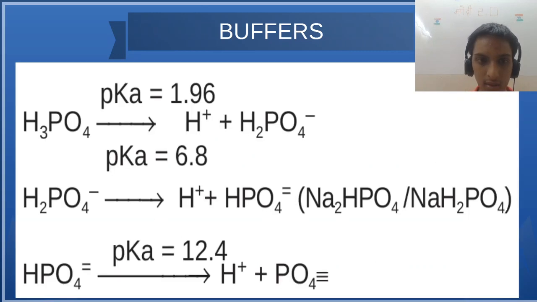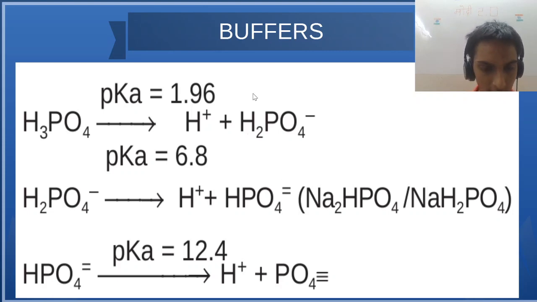Next is the phosphate buffer. The phosphate buffer has a weak acid, trihydrogen phosphoric acid, and a conjugate base, the monohydrogen phosphate ion. I'll tell you the dissociation. Trihydrogen phosphate will dissociate into dihydrogen phosphate.